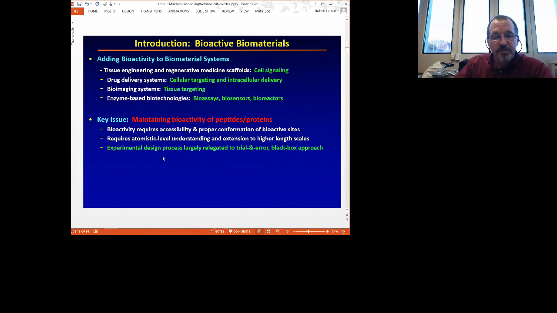Experimental design currently is really relegated to a trial and error black box approach, because we really don't understand things from an experimental approach at the atomistic level that we need to really understand what's going on in our system.